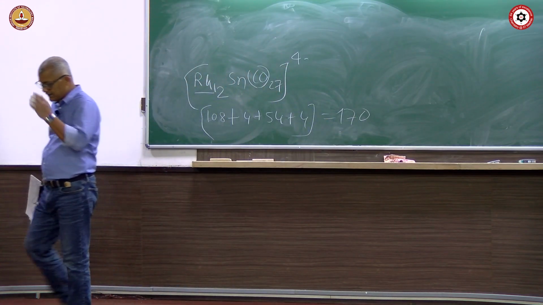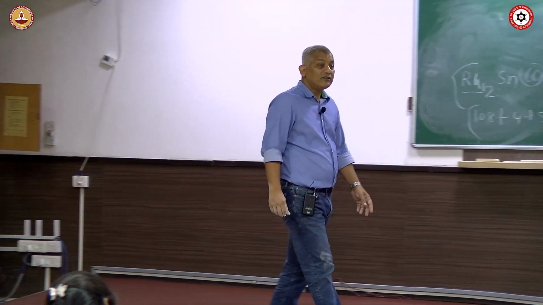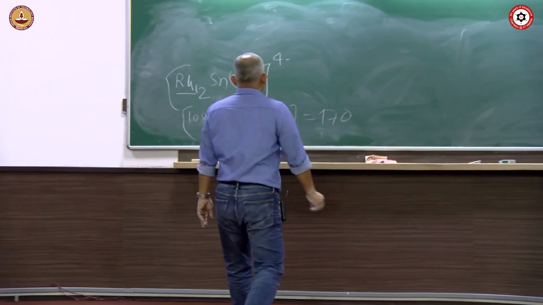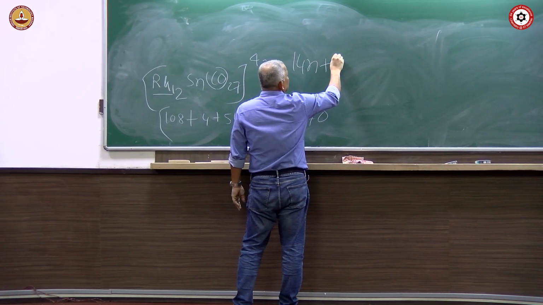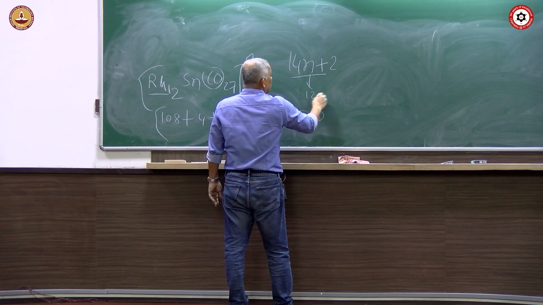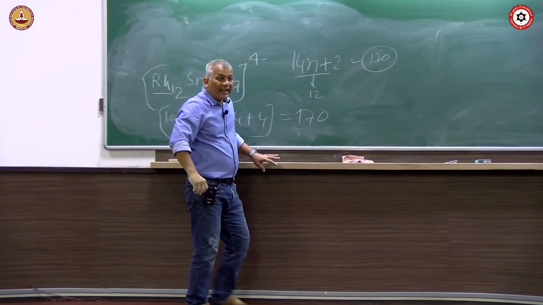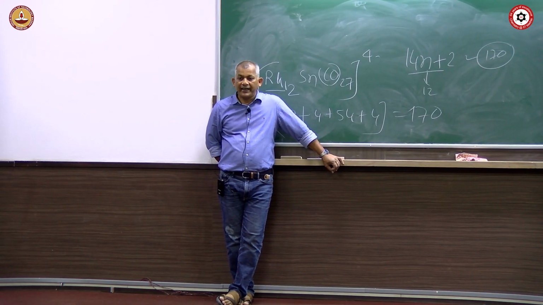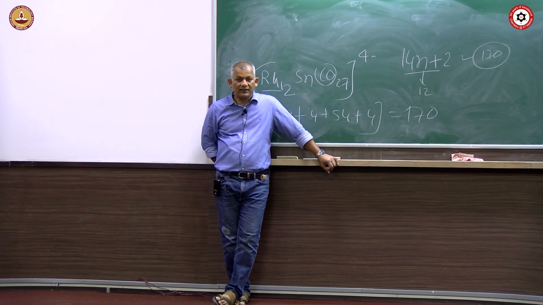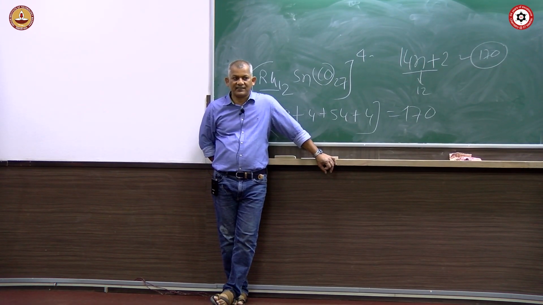And which formula does it fit? 14n plus 2, n equal to 12, this gives 170. So n equal to 12, closo geometry. What is the structure?